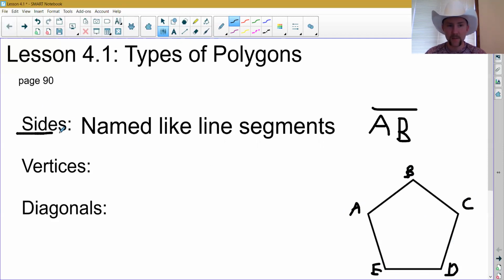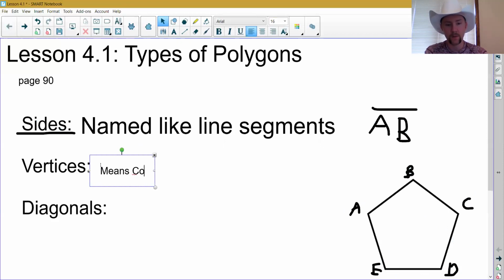So the sides of the shape are named like line segments, like this, okay? The vertices are also known as the corners, okay? Vertices means corners. They're just named like points.